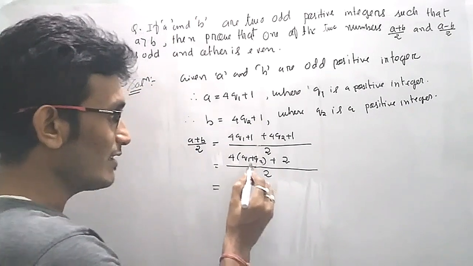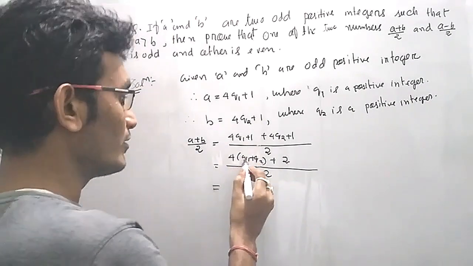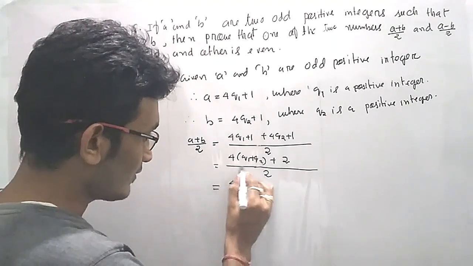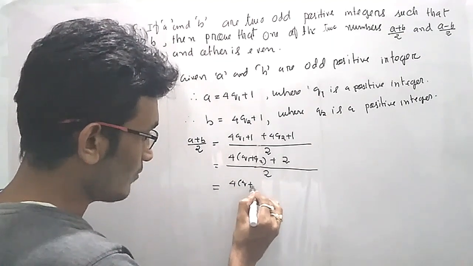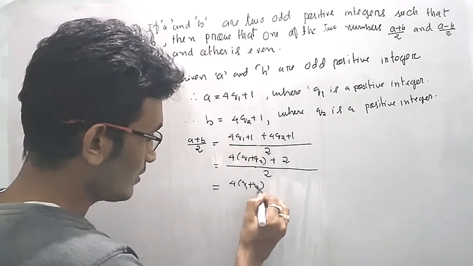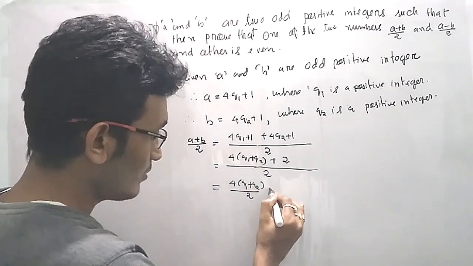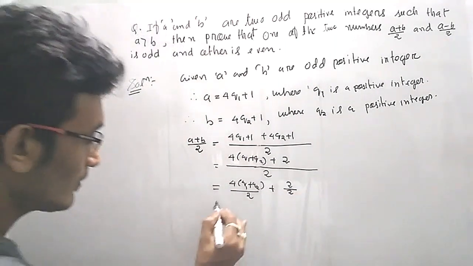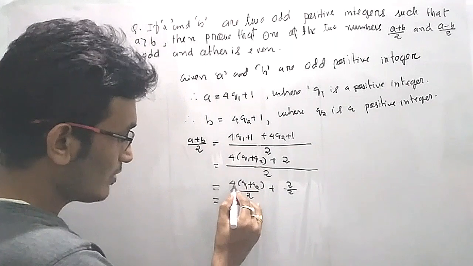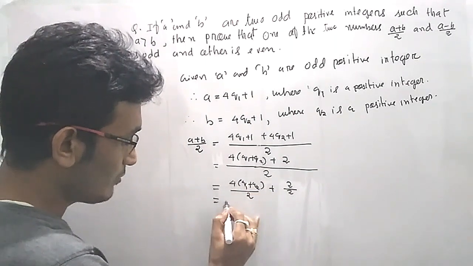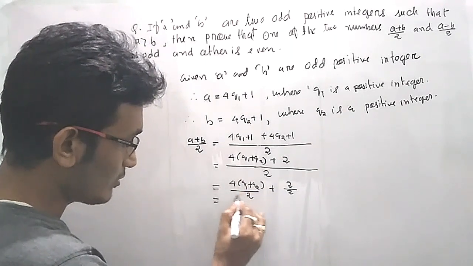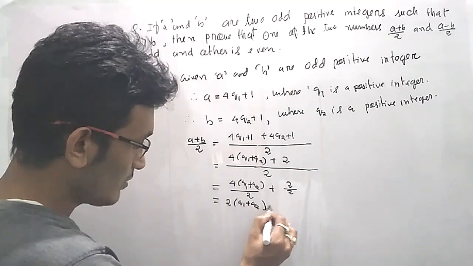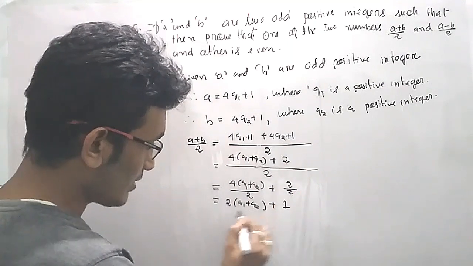So after this step we can write 4(q1 plus q2) divided by 2 plus 2 by 2. Here we can cancel, it becomes 2(q1 plus q2) plus 2 by 2 means 1.